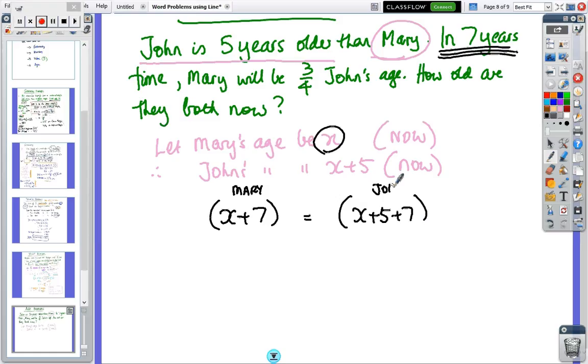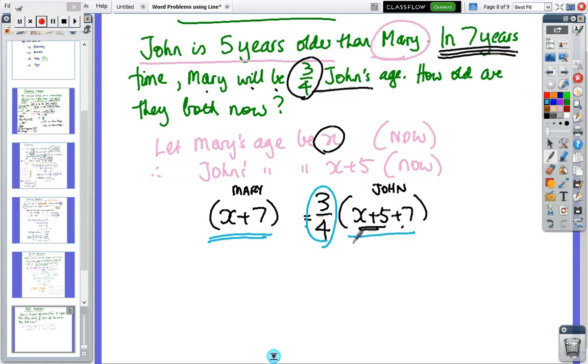John is x plus 5 now, and in 7 years' time he will be x plus 5 plus 7. But they're not equal to each other, because it says in 7 years' time, Mary will be 3/4 of John. So have a look, there's Mary is 3/4 John.